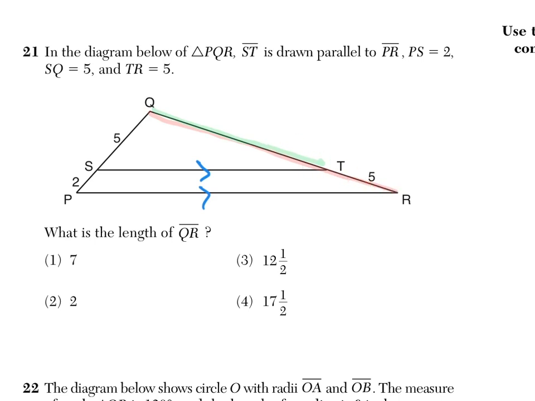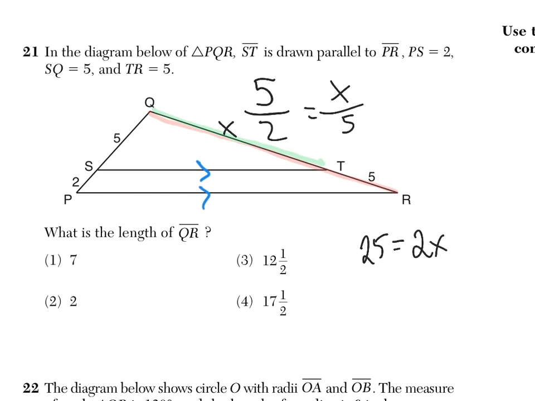So QS is 5, over SP, which is 2, equals, we don't know what QT is, so I'm simply going to call this x, over TR, which is 5. Great. And so we're going to simply cross multiply, and I know that 5 times 5, of course, is 25 equals 2x. That means that x is 12 and a half.